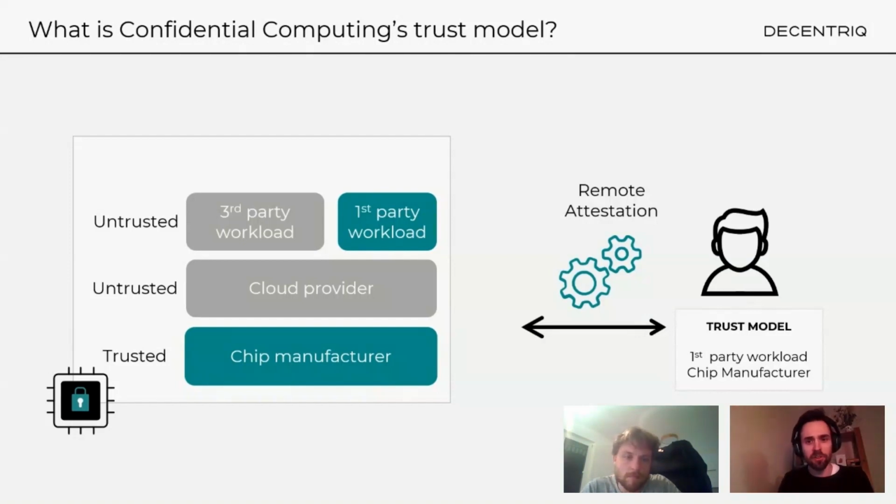Through remote attestation, a verifier can ensure that a remote system complies with its trust model, that it's running a secure chip that is configured securely, and that all the software, the workload that has got access to confidential data is secure, and so that it will enforce the confidentiality and the integrity of the data. So remote attestation allows you to enforce your trust model on a remote system.